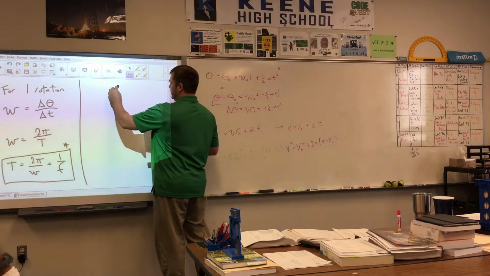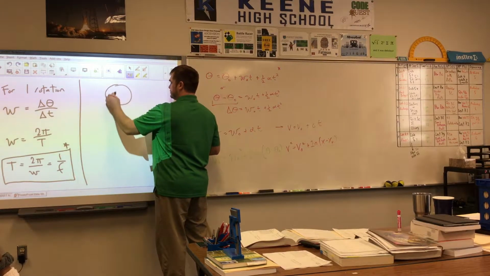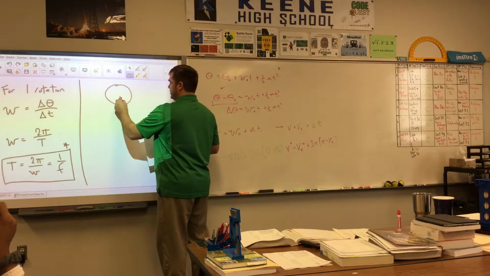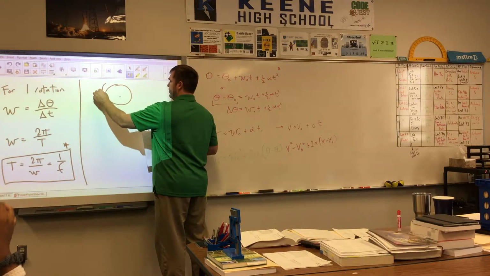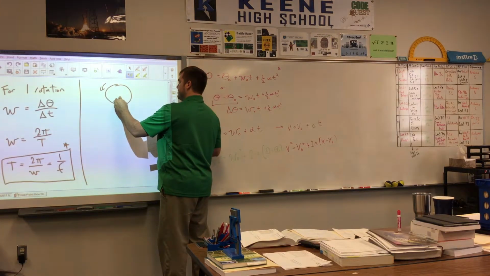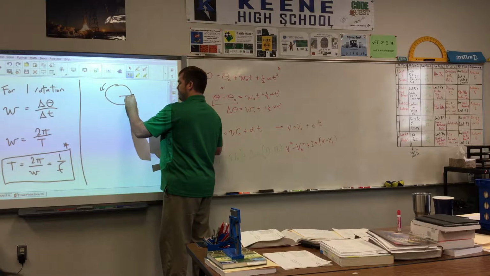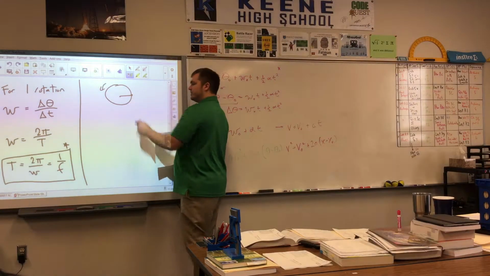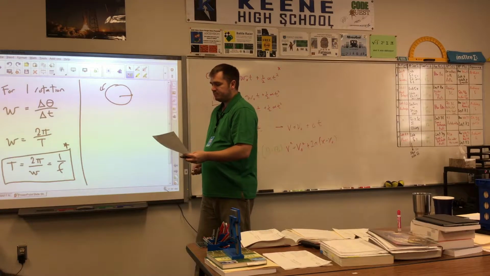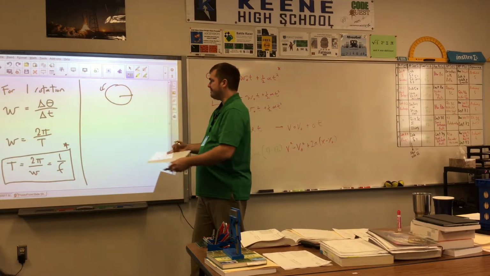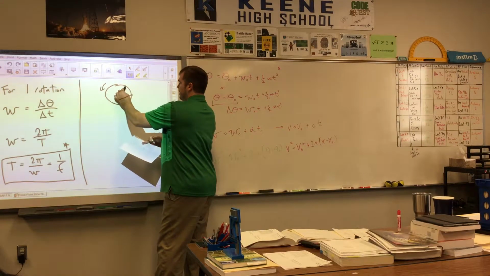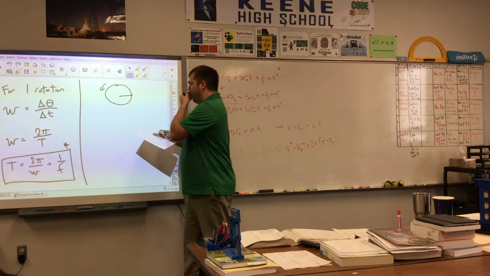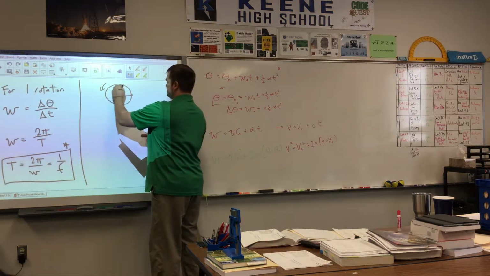Alright, next up. Let's say this thing is spinning that way, and we have some particle, maybe it's a bug or something, a ladybug, sitting there on the end. And it travels up to here.